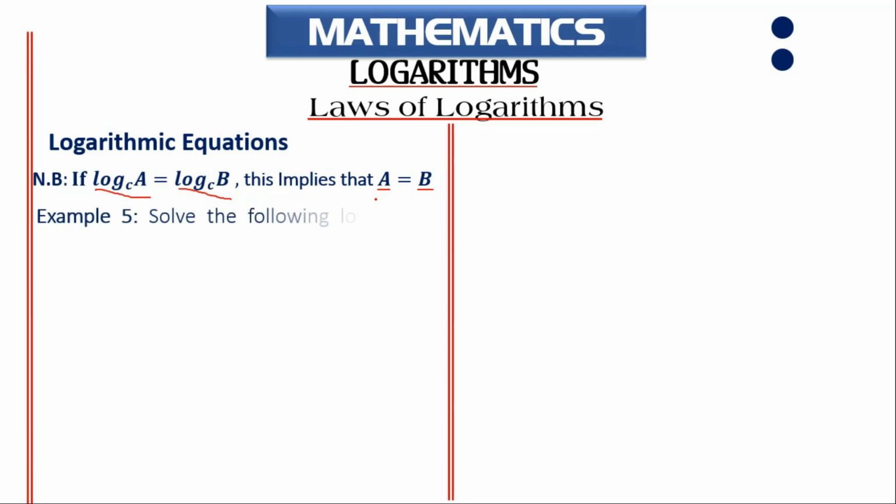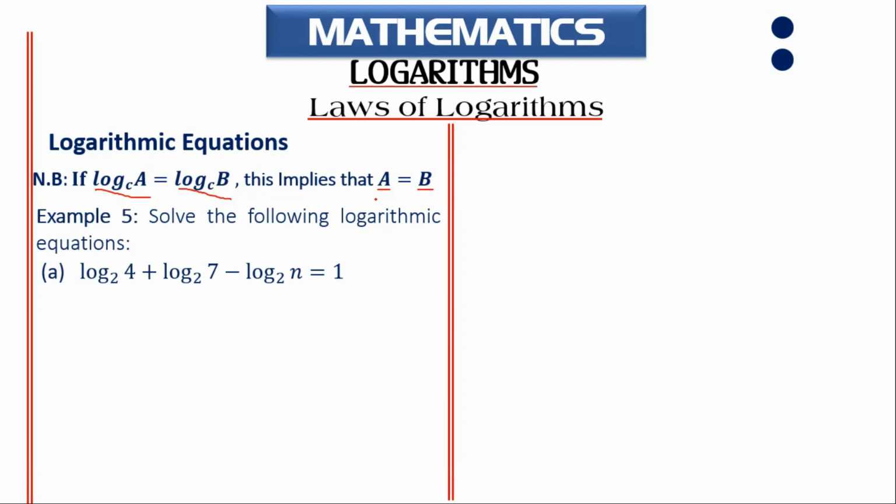Now let's take a look at this question. We have to solve the following logarithmic equation: log 4 to base 2 plus log 7 to base 2 minus log n to base 2 equals 1. Okay, so from what you have here, you can tell that we're simply applying laws of indices.